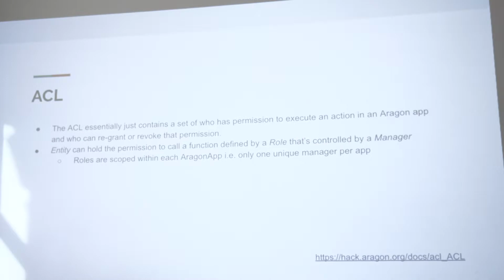Okay, so the ACL, I hope I'm not beating a dead horse here. It's just a set of roles that describe who has permissions to execute what action in an Aragon app. And it also describes who can grant and revoke those roles.